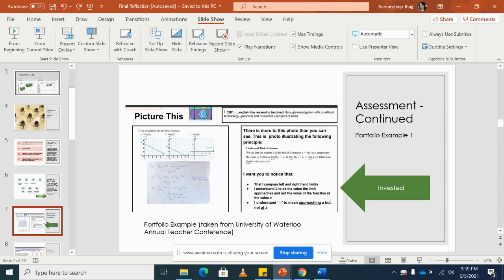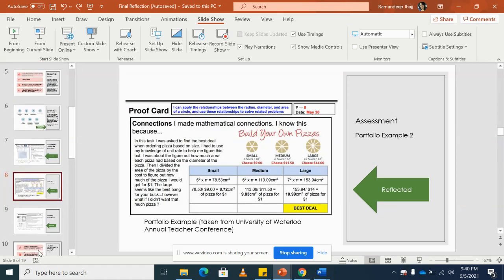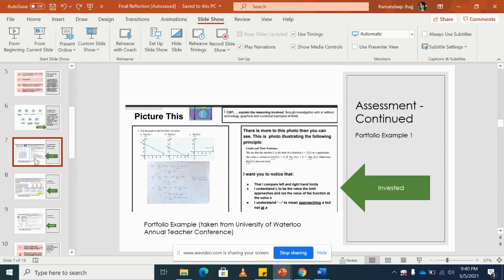Basically, they will pinpoint the three things that they want me to notice about the question. The second example, going back to the same example, the student will be really invested in their learning, because they are thoroughly explaining their thinking, their thought process.